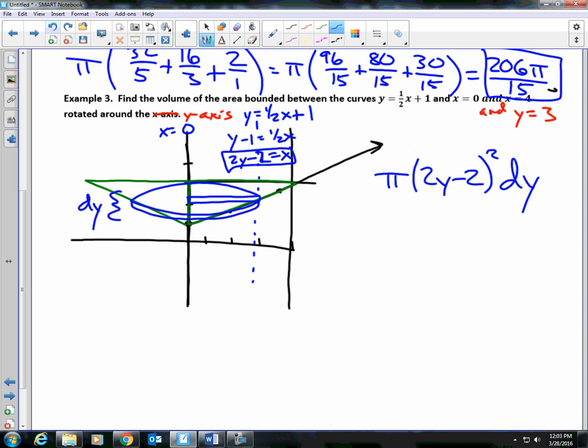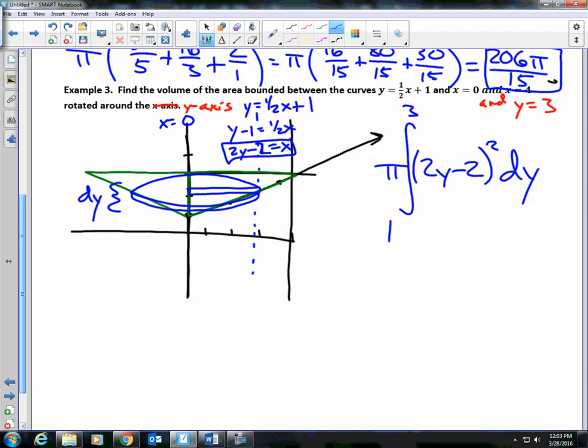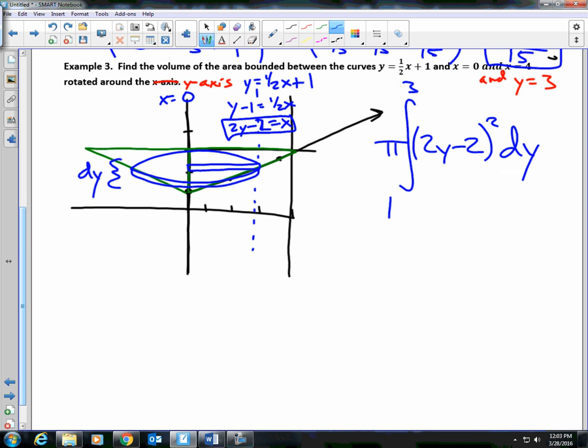I want to integrate this from what? Should my bounds of integration be x values or y values? They should be y values. 1 to 3, yes. Multiply this out.